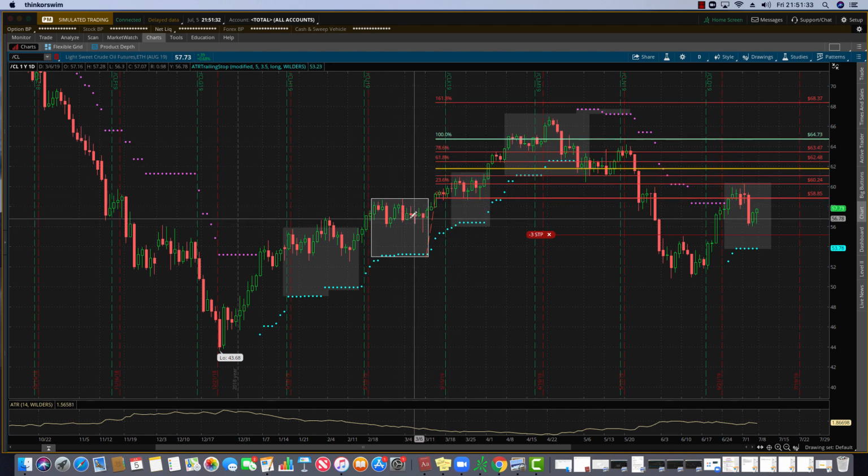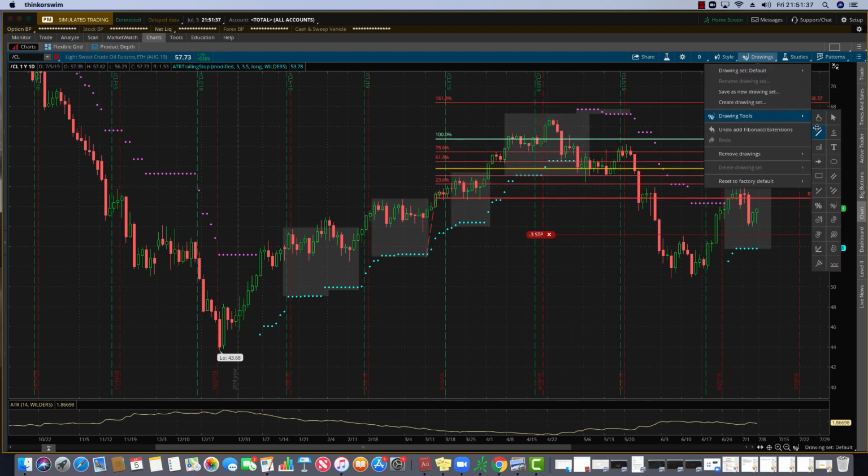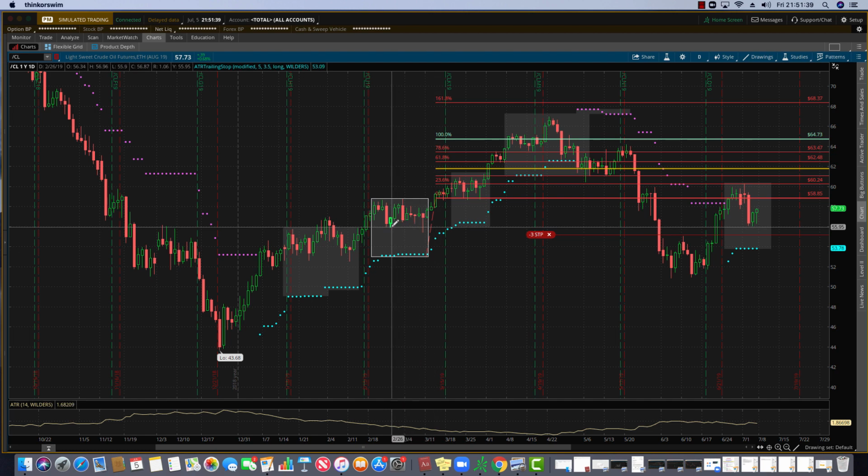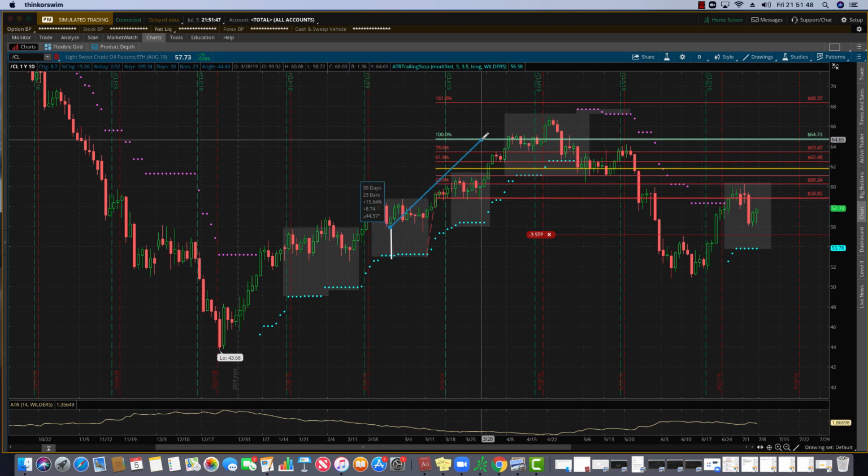So if you were long in here, let's say you basically entered here inside this range, and you risked $3. The 100% extension is $8. So you would have risked $3 to make $8.